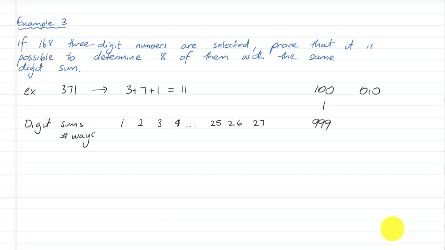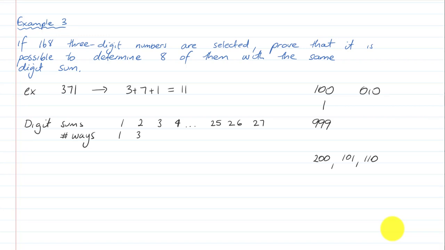So I'll make this a table. There's only one way of getting a digit sum of 1. Now the digit sum of 2 could be 200, or it could be 101, or it could be 110. So there's 3 ways of getting a digit sum of 2.